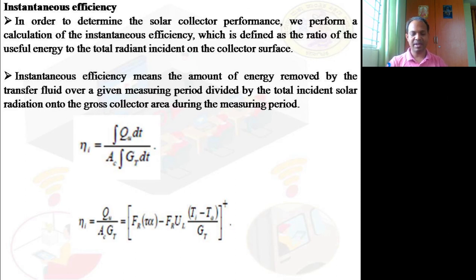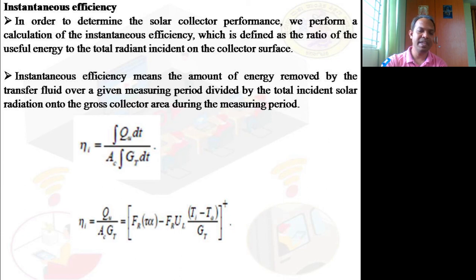If you have a collector here, with water tubes running perpendicularly like this, the instantaneous efficiency is the amount of heat carried away by the water or fluid in the tubes, divided in the denominator by the total incident radiation falling onto the collector area during the measuring period. That is what we call the instantaneous efficiency.